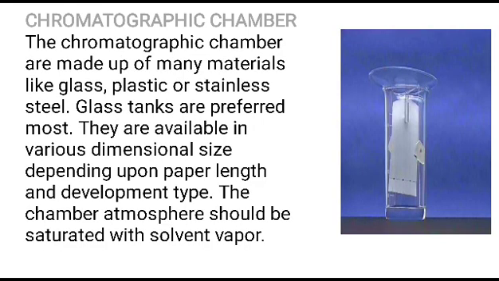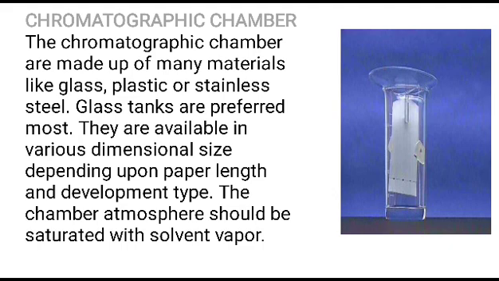Now the chromatographic chamber. Chromatographic chambers are made of many materials like glass, plastic, stainless steel. Glass tanks are preferably used. They are available in various shapes or sizes depending upon the paper length and development type. The chamber atmosphere should be saturated with solvent vapor.